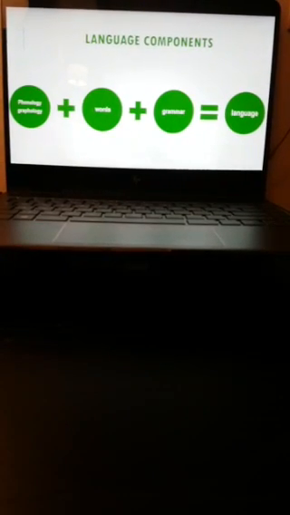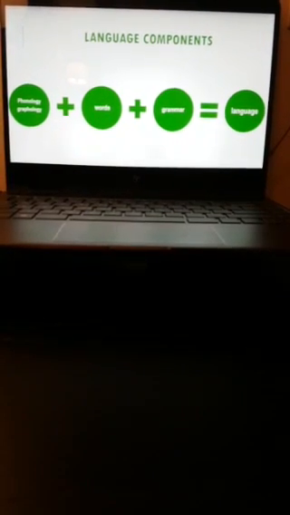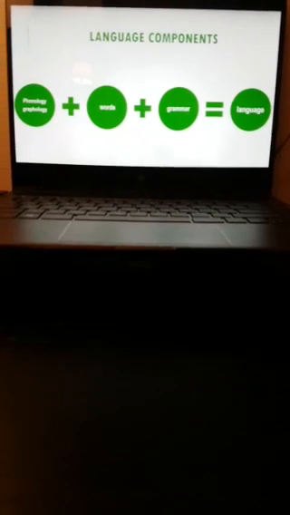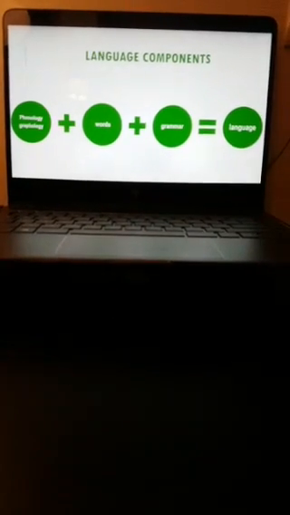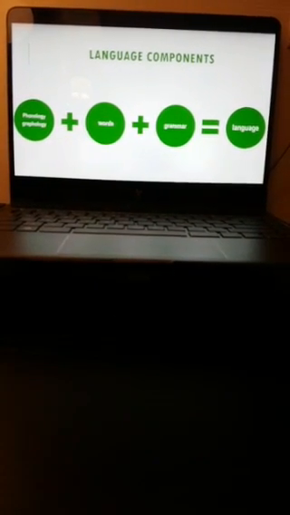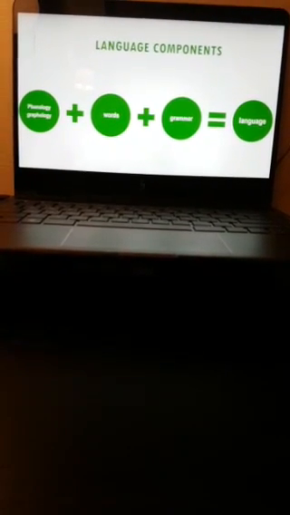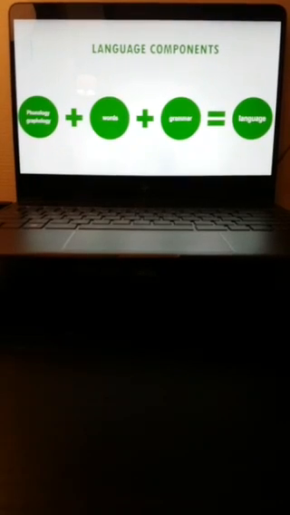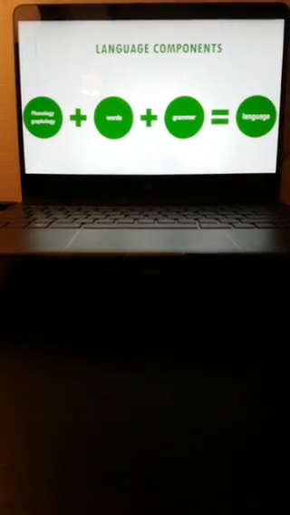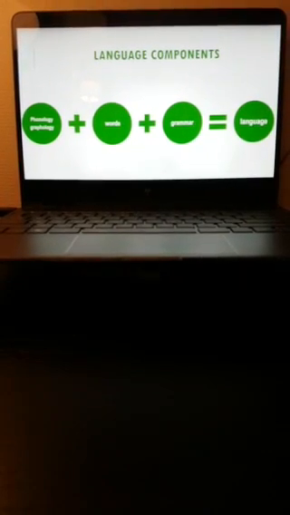So, any language consists of either phonology or graphology, plus lexical items, vocabulary, words, you can call them anything, and also grammar. And grammar consists of morphology and syntax.